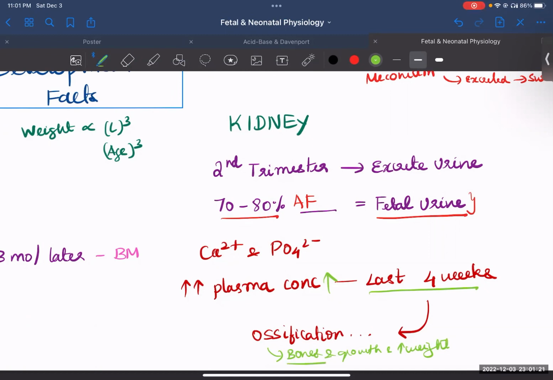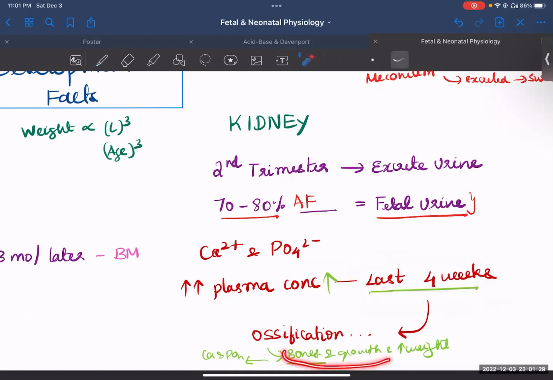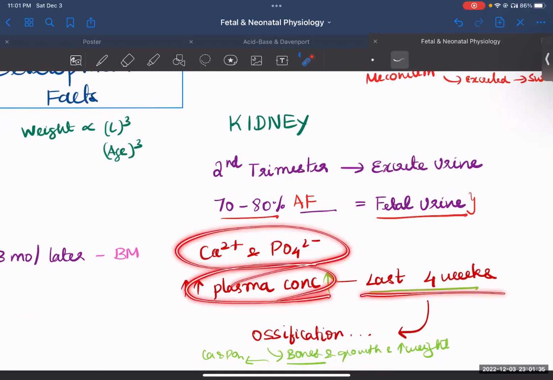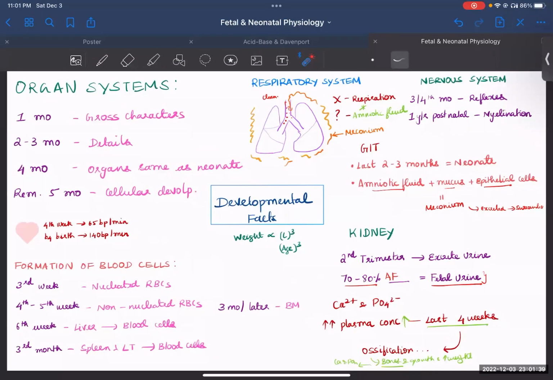For the bones to grow, you need calcium and phosphate, right? And this happens especially in the last 4 weeks. And that is why bones and your weight overall increase. That is why the plasma concentration of calcium and phosphate is high in the last 4 weeks. Now, this page just summarized all the developmental facts that you need to remember about fetal physiology.